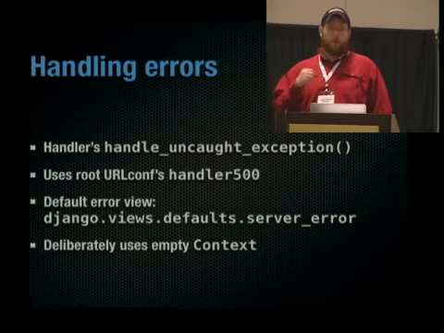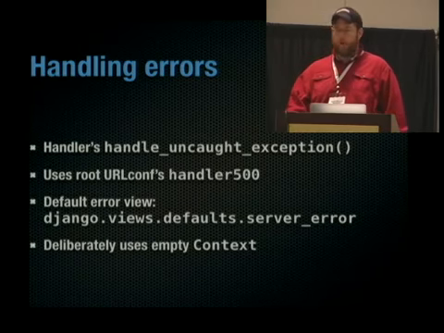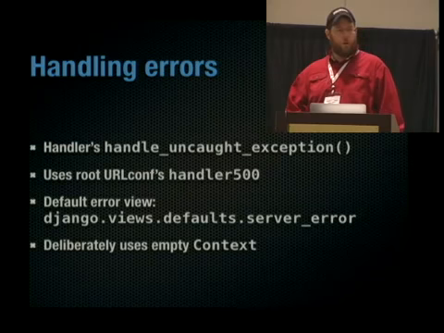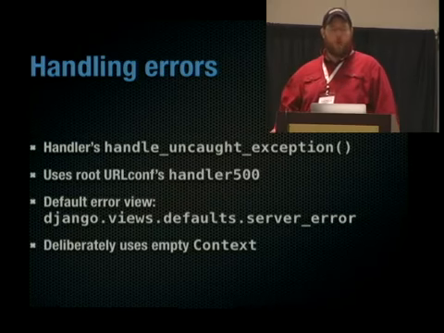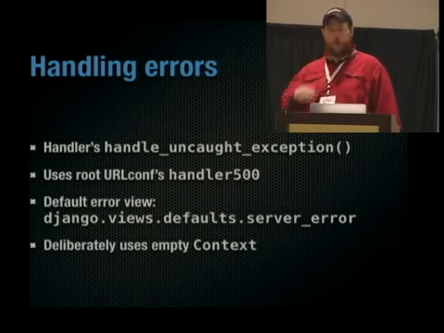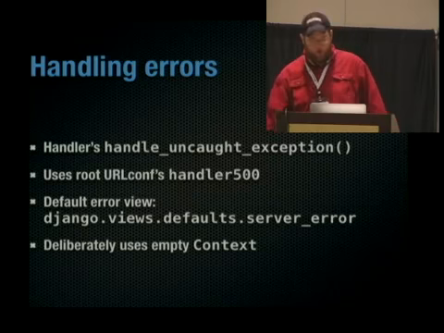We've had people ask before about adding something to the context there. The basic assumption is, in this view, we know something has gone wrong. We don't get to know in advance what's going to go wrong. We're not going to trust that any part of Django works. We're simply going to spit this back out with an empty context and say, it's up to you to say internal server error, we're checking our logs.